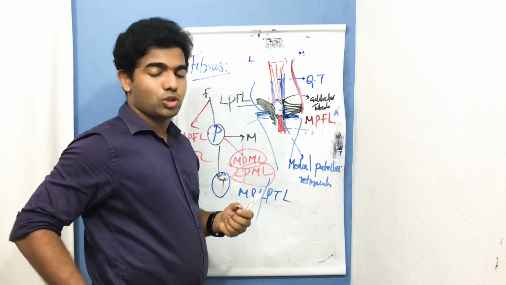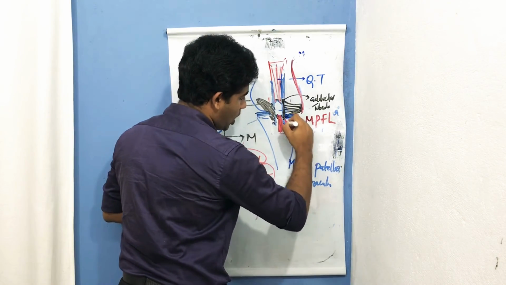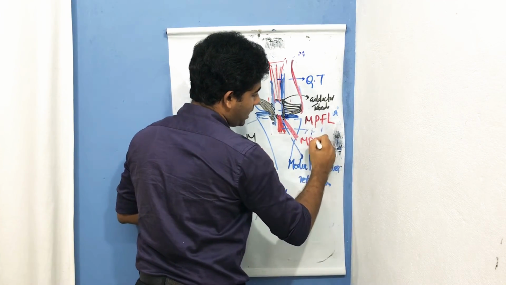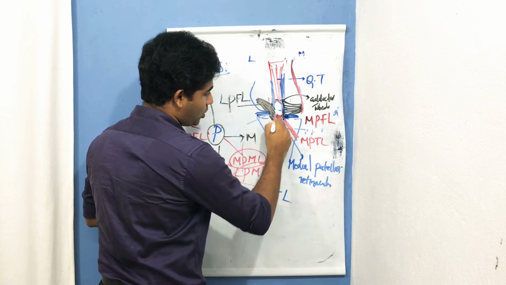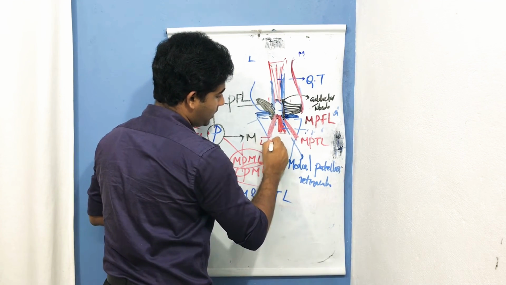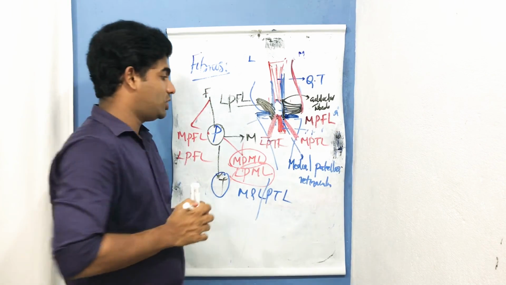This has a slight oblique orientation, and it will be oriented like this. This one is known as the medial patellotibial ligament. This one is known as the lateral patellotibial ligament.